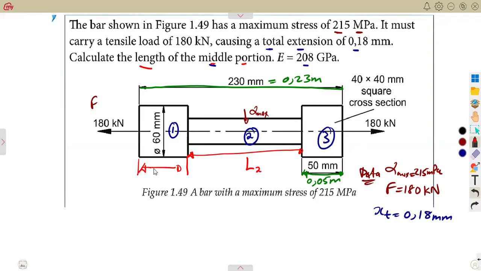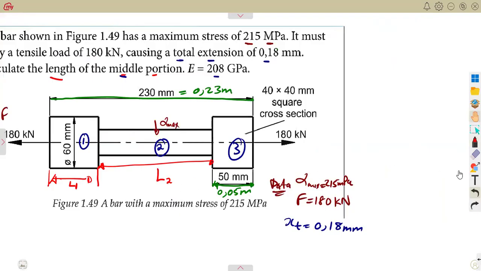So since they want us to calculate the length of the middle part, which is L2, let us have the first section, its length L1. Let us have its length in terms of L2, because what we need is to calculate L2.